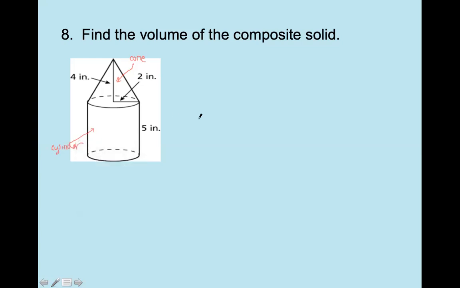All right, so to find the volume of the composite solid, I'm going to need the volume of the cone plus the volume of the cylinder. All right, let's go ahead and write down what those formulas are.